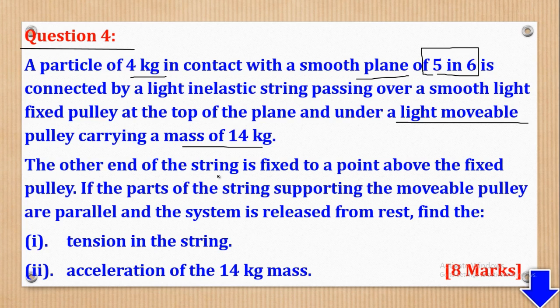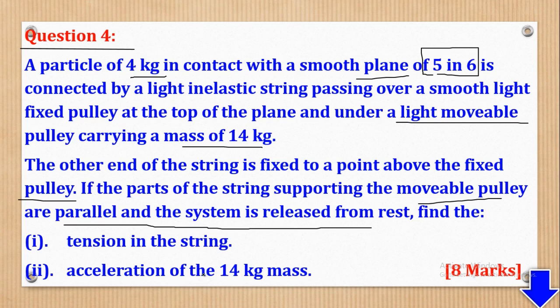The other end of the string is fixed to a point above the fixed pulley. If the parts of the string supporting the movable pulley are parallel and the system is released from rest, find Roman 1 the tension in the string and Roman 2 the acceleration of the 14 kilogram mass.